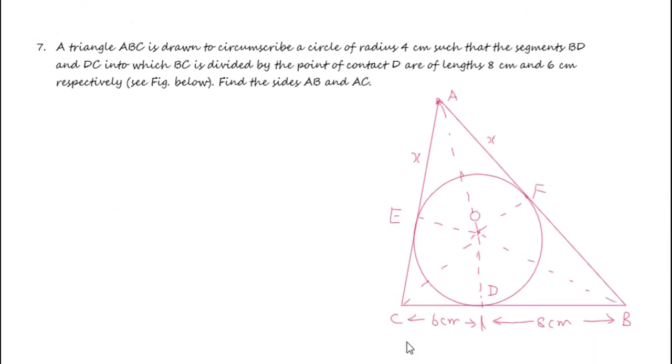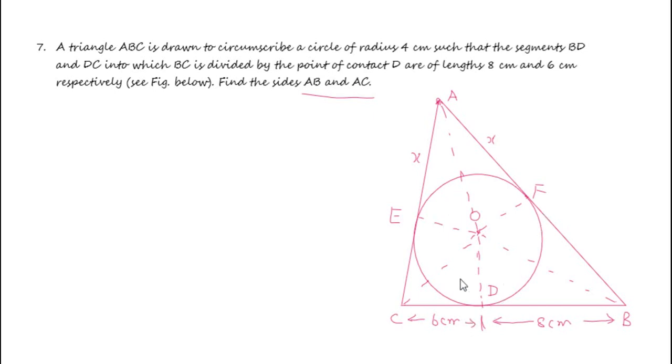Problem number 7. A triangle ABC is drawn to circumscribe a circle of radius 4 cm such that the segments BD and DC, into which BC is divided by the point of contact D, are of length 8 cm and 6 cm respectively. Find the sides AB and AC. This is the triangle, this is the circle.